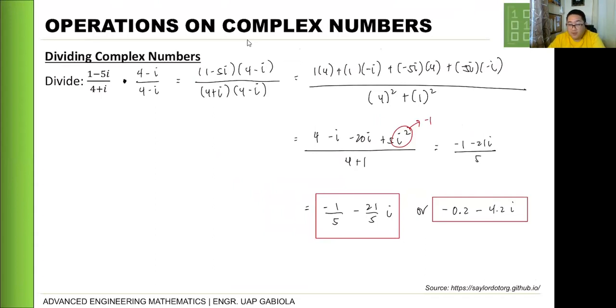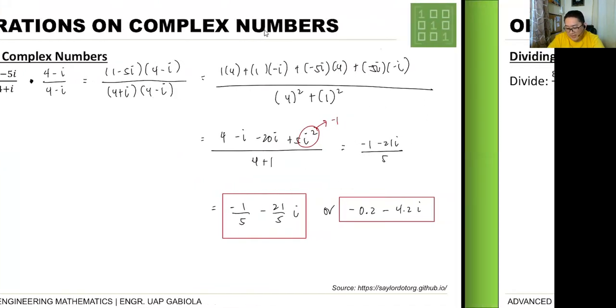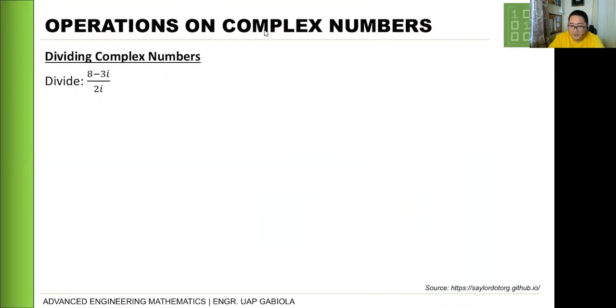So, basically performing multiplication lang din. Basta alam natin na kailangan kunin natin yung complex conjugate natin. Right? Okay? Sige, to test your knowledge, please try this one. I'll give you 3 minutes ulit. Okay? So please try to solve this one.